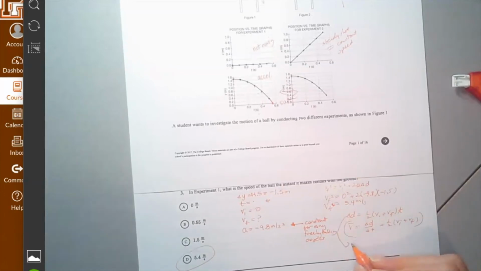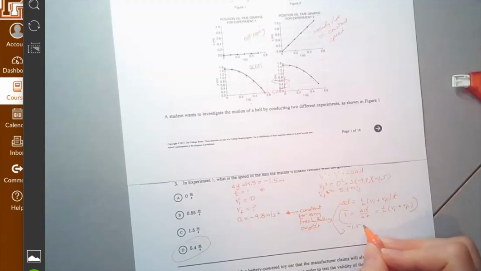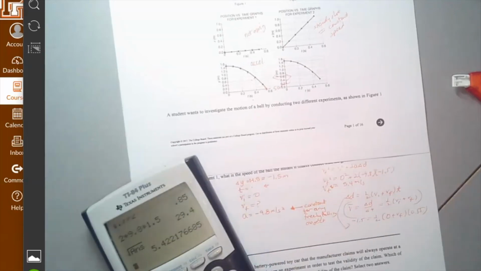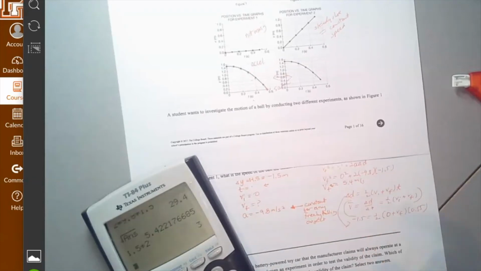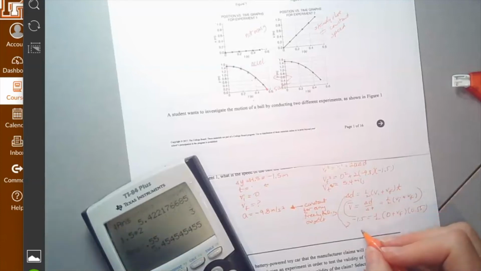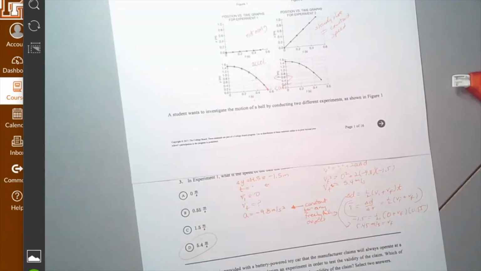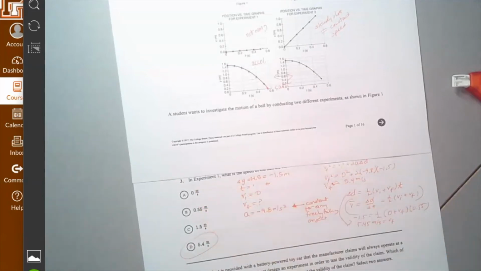So negative 1.5 equals 1/2 V initial plus V final, over an estimated 0.55 seconds. I've got 1.5 times 2, divided by 0.55, and that gives us 5.45 meters per second as V final, which would give you the same thing. These are spread far enough apart to be able to make a decent estimate. Either way, you're comfortable.